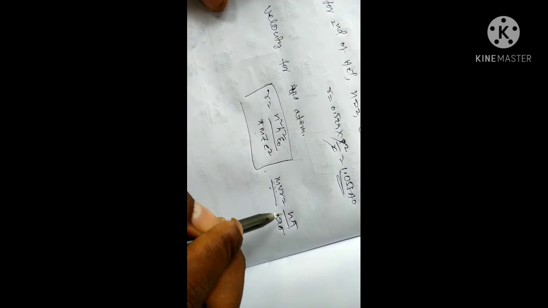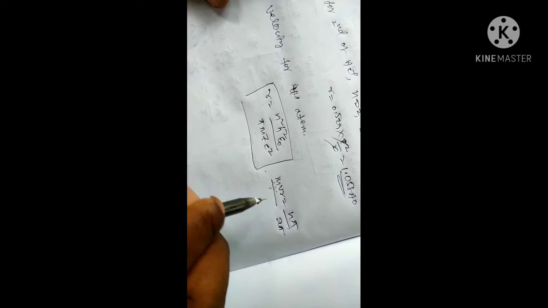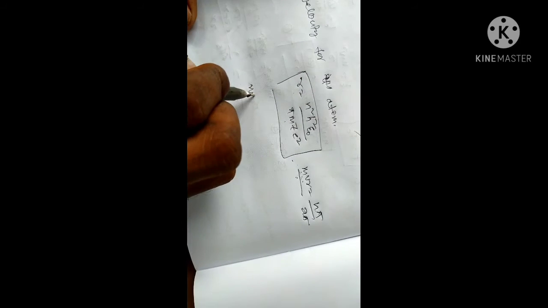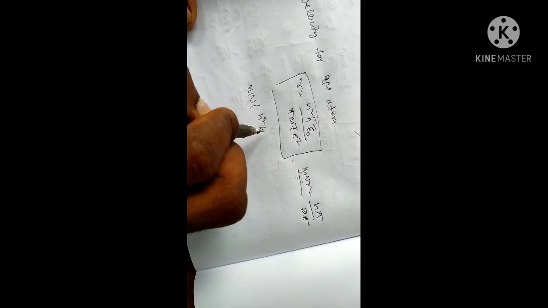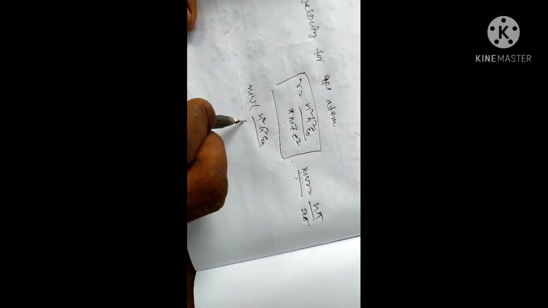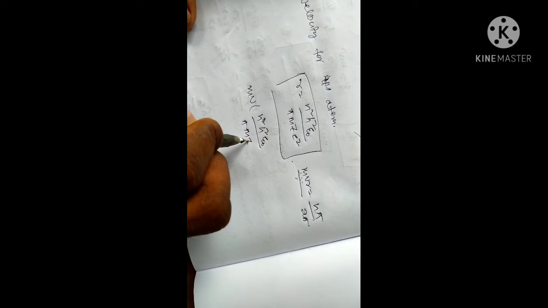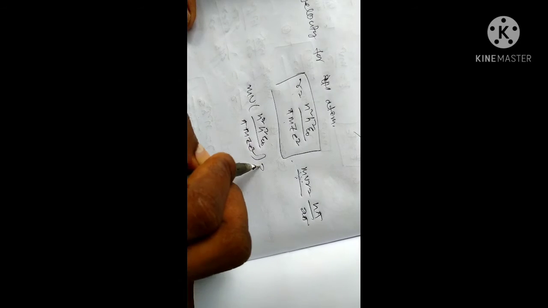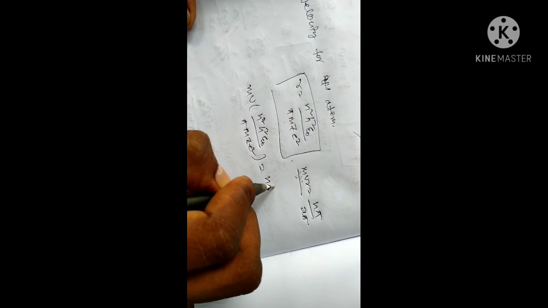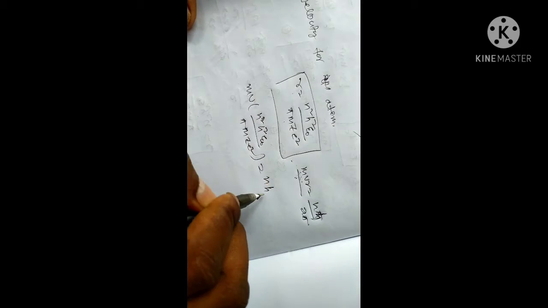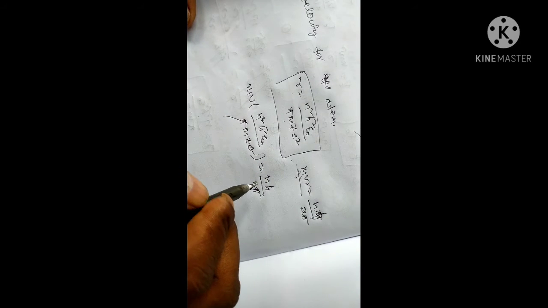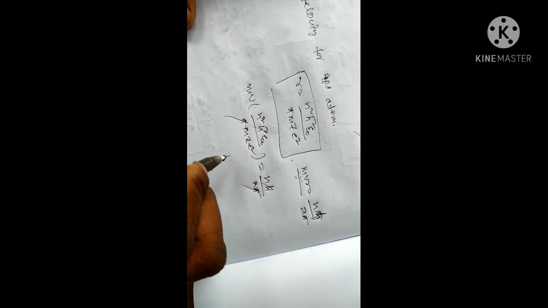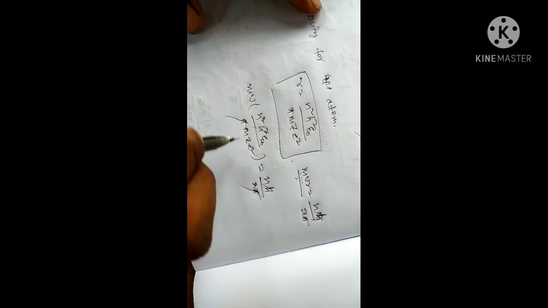That is, mvr is equal to nh by 2 pi, the angular momentum. Substituting r: m v into n square h square epsilon naught by pi m z e square is equal to nh by 2 pi. Here pi cancels, h cancels, m cancels, n cancels.